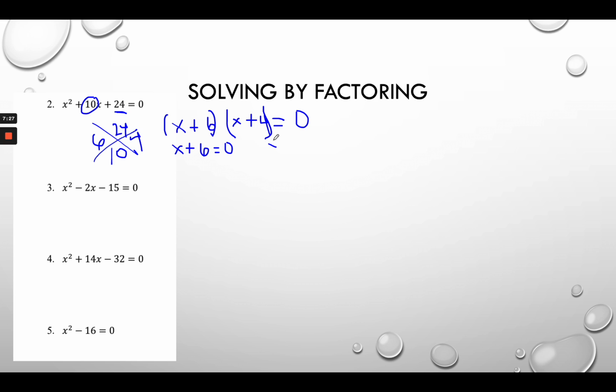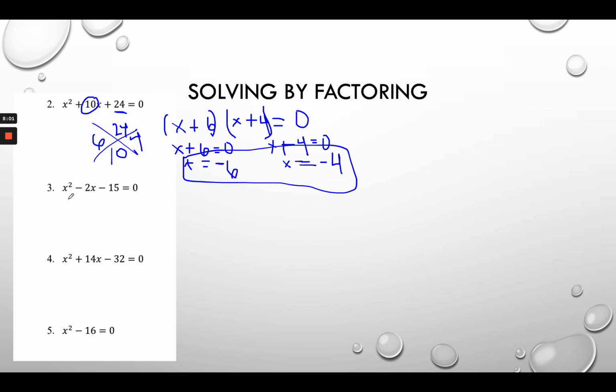Okay, and then x plus 4 equals 0 for the same reason. Okay, so you get x is equal to -4. Boom. So good. And over here, x is equal to -6. So we have 2 solutions. That means that on our X intercept, our parabola hits at -6 and -4.